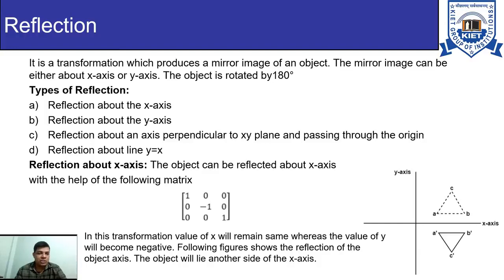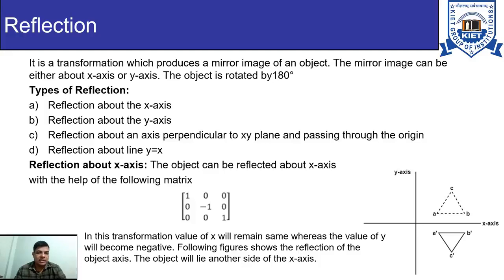What exactly the homogeneous matrix is, we will discuss in the next lecture, but at this point you should keep in mind that whenever you represent any transformation in homogeneous matrix form, it is of order 3 by 3.